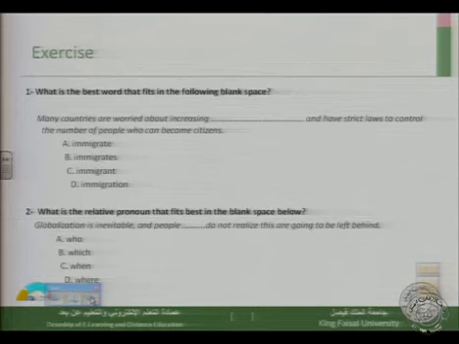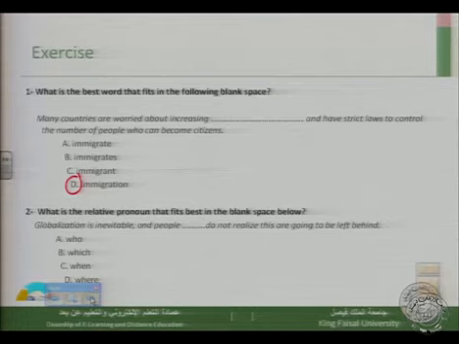Here we have an adjective, increasing, and we need a noun from the verb immigrate. A, immigrate; B, immigrates; C, immigrant; and D, immigration. The best word to put in this blank is immigration, because immigrate is a verb.